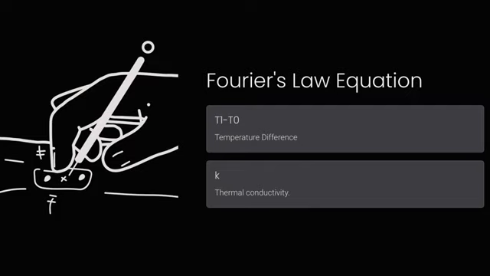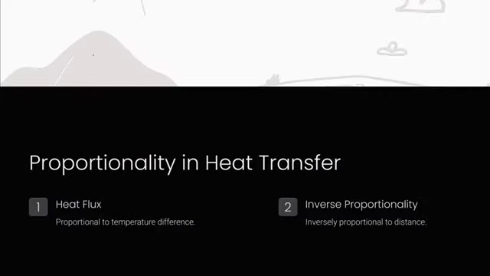T1 and T0 are the temperatures at two different locations in the slab. Y is the distance between the two locations. This equation shows that heat flux is directly proportional to the temperature difference and inversely proportional to the distance.